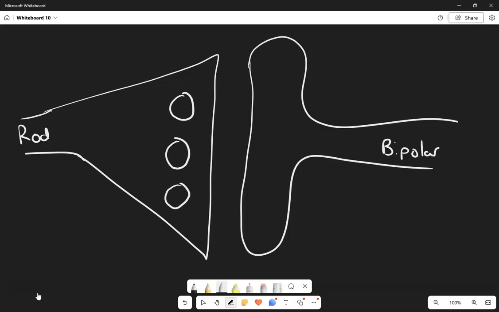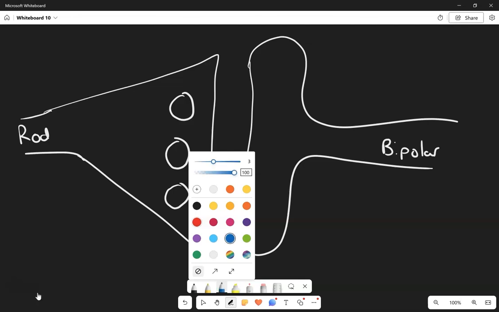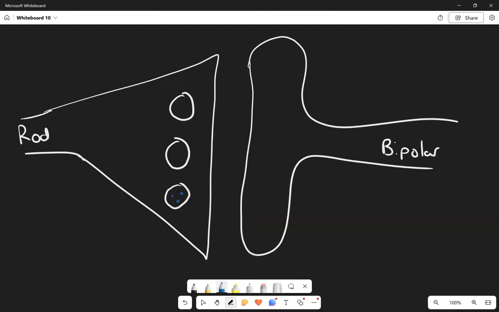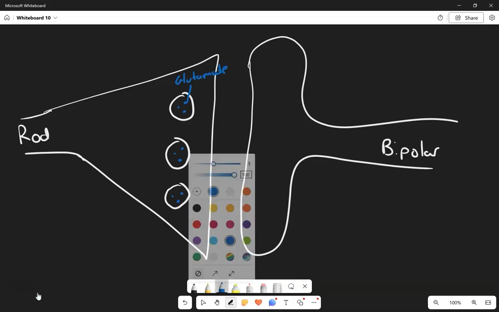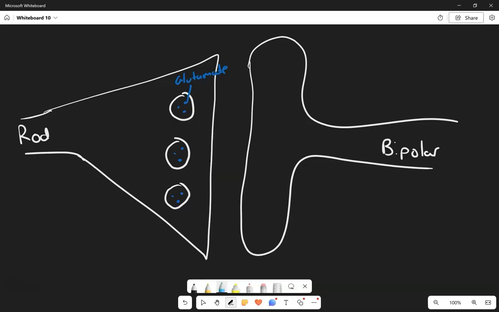These vesicles contain a neurotransmitter, and that neurotransmitter is something called glutamate. Now over here on my bipolar cell, there are glutamate receptors.